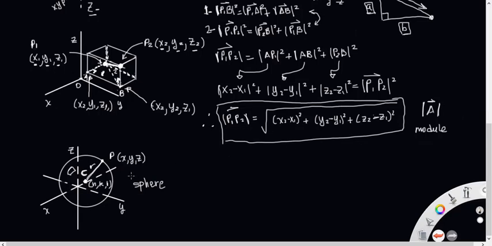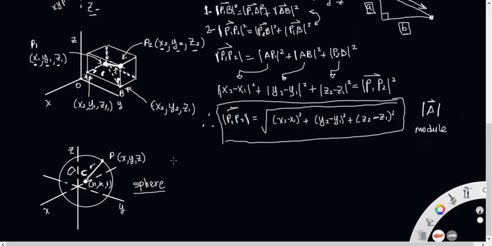Okay, if we now consider a sphere in a three-dimensional space, the center point of the sphere is the point C, which has the coordinates h, k, L, and the point P is on the outer surface of the sphere, with coordinates x, y, z.